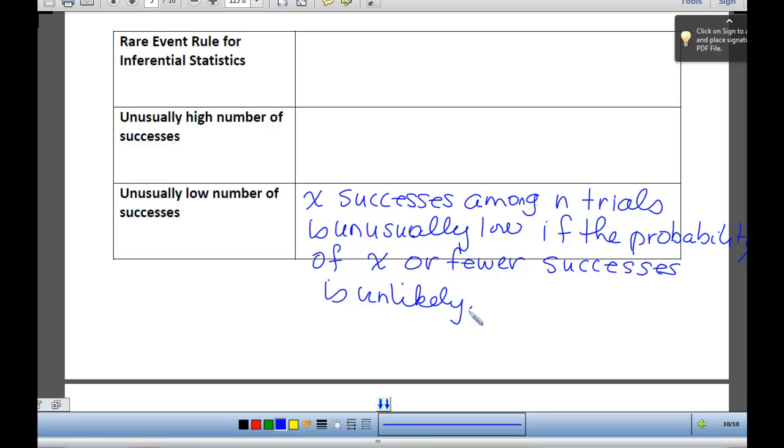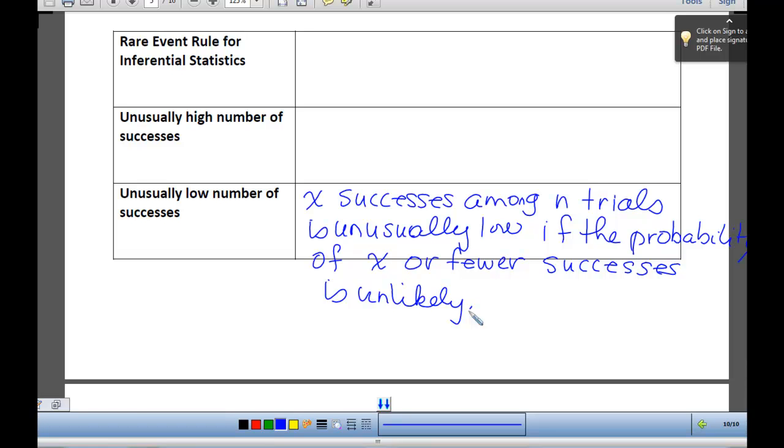So basically we would say that one success is unusual if the probability of 1 plus the probability of 0 is less than 0.05. 0.05 is our criteria to say that that's unusual. So we would say 1 is unusual if everything 1 or below is less than 0.05.